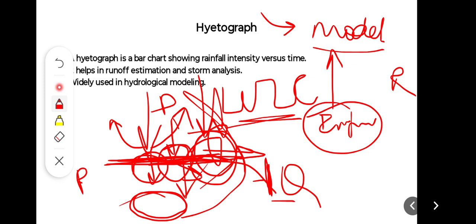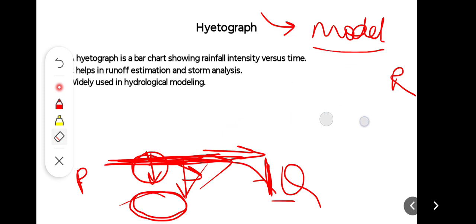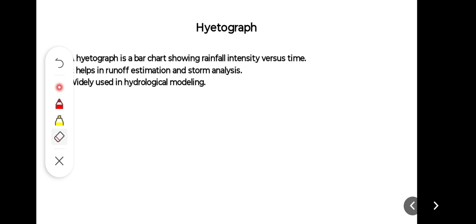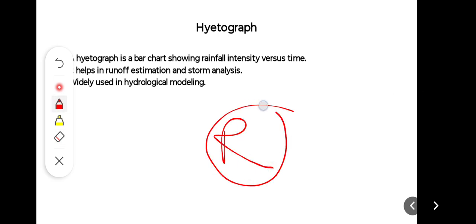For each LULC class the runoff pattern, runoff coefficient and curve number will be different. On this basis we give many inputs to the model. Then the model mimics the real surface and gives you the runoff. Then we have to calibrate and validate this runoff, and then we can use the model.